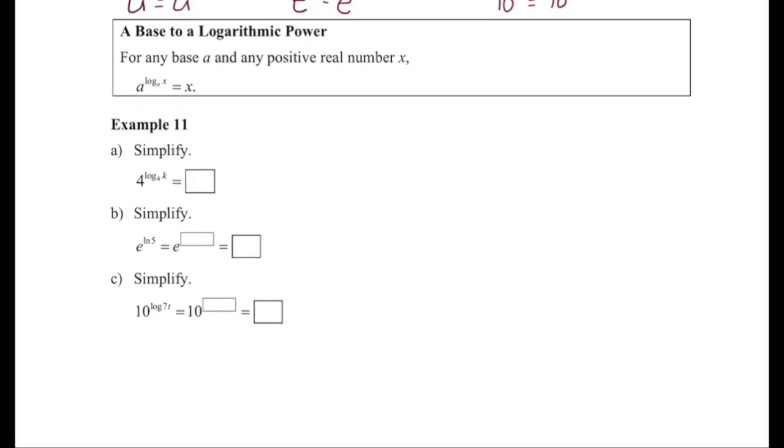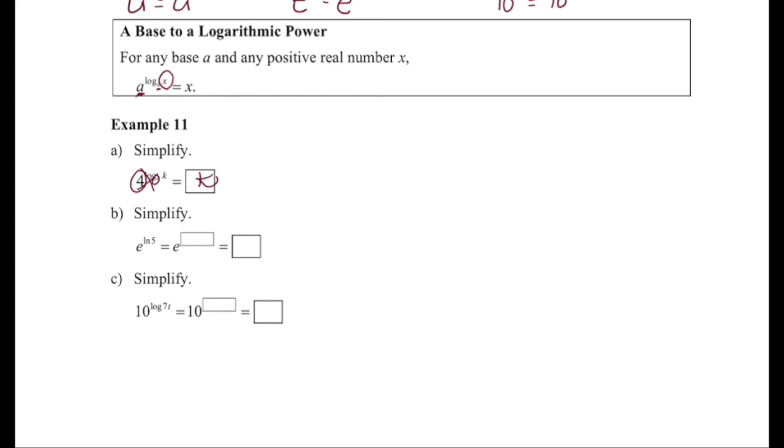Similarly, if we have a to the power of a log, notice that as long as the bases are the same, they end up canceling and all we're left with is x. So here 4 and 4 are the same, they end up canceling, so all we're left with is k.